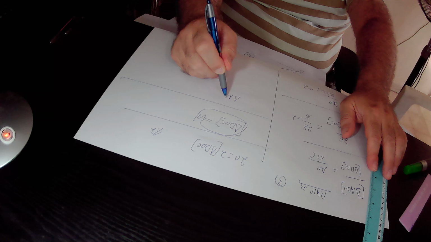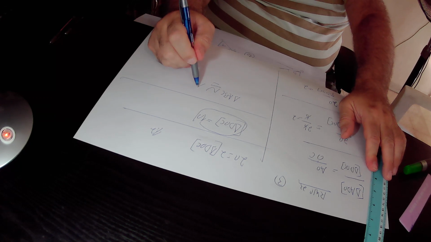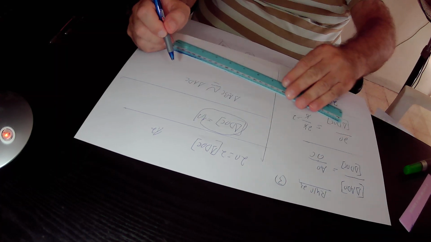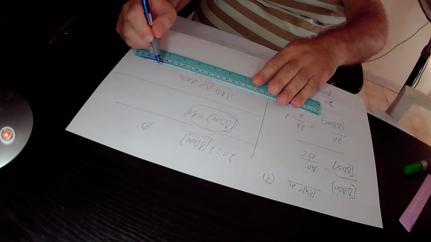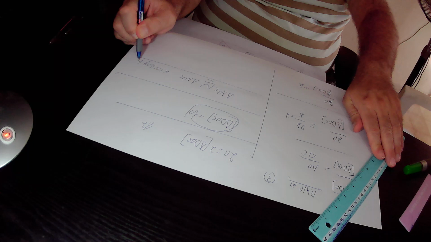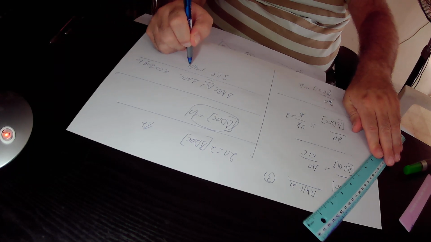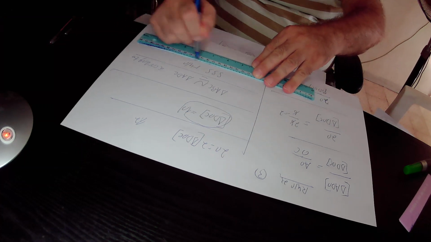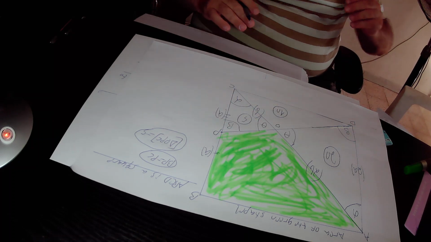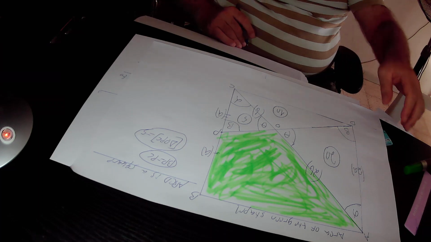The right triangle ABC is congruent to the right triangle ADC according to the side rule. And from the fact that those two right triangles are congruent, we derive that they also have the same areas.